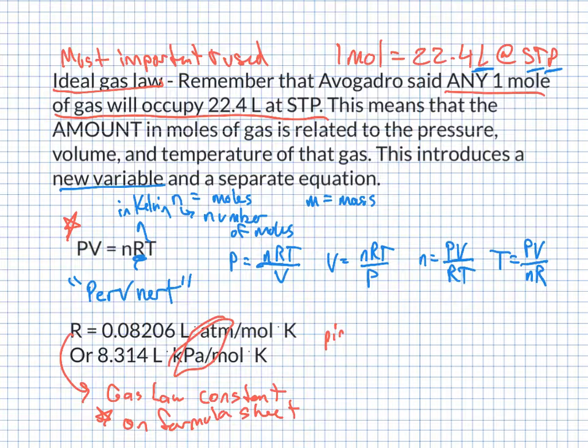So pick the correct R to match pressure units. I've given you the 2 most common. The one you're going to use the most is probably the 0.08206, because that is primarily going to be atmospheres, which is most common on the exam. You will use 8.314 during other portions of the course, so you just need to make sure you use the right one.